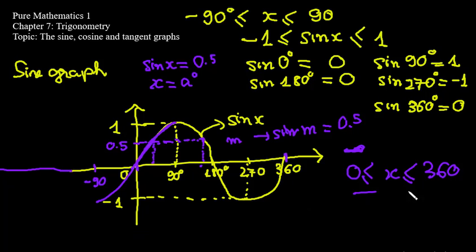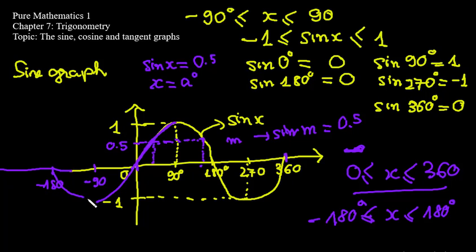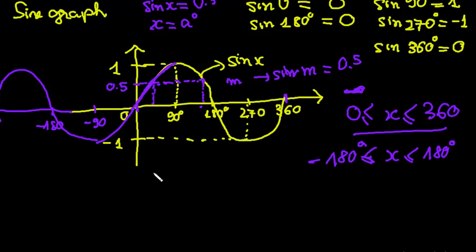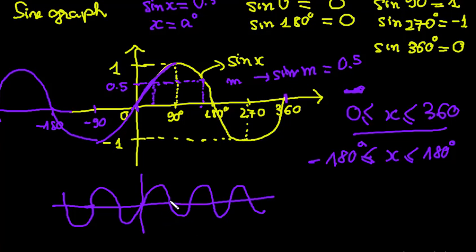Let's say I have the interval from minus 180 to 180 degrees. So I would draw from here, minus 180. I can extend this into any shape. So the overall shape will be something like this, depending on the interval, so we can choose which part we will work on.